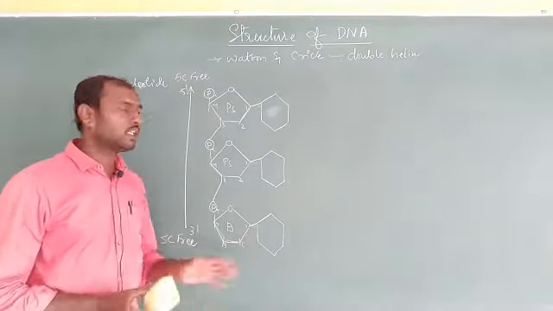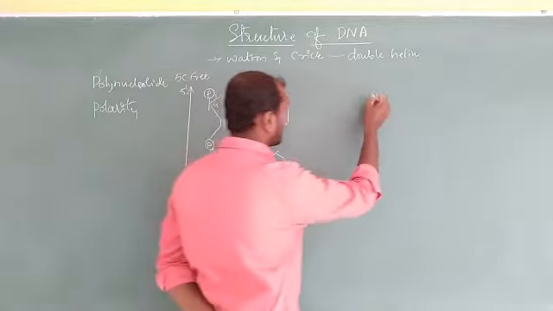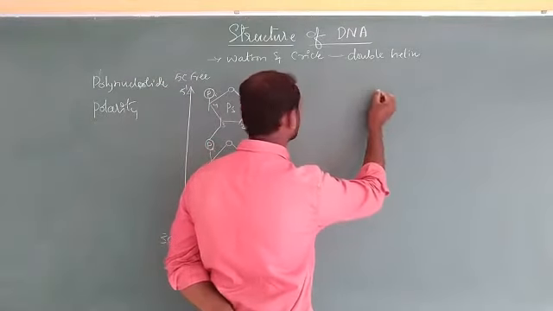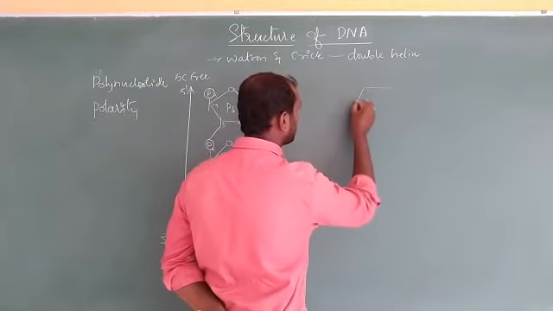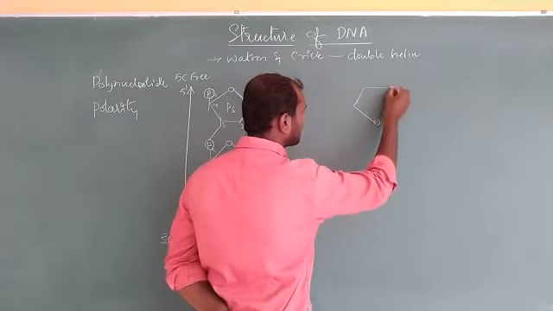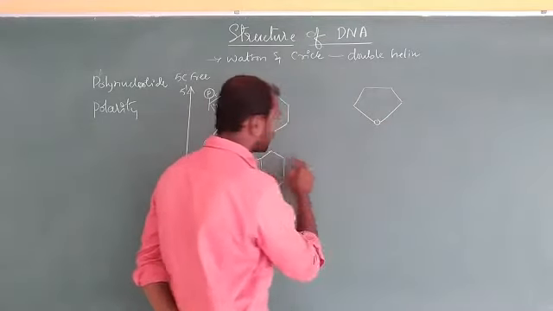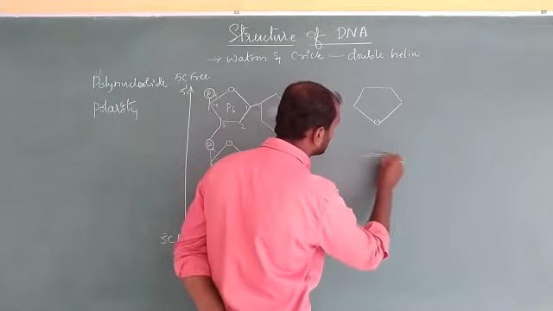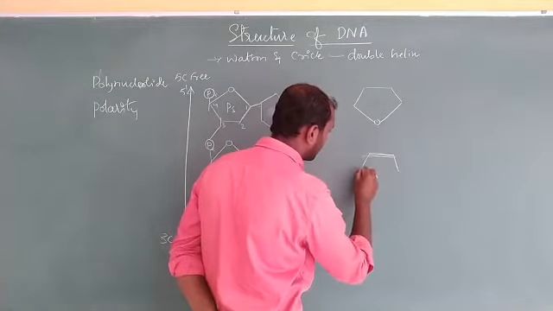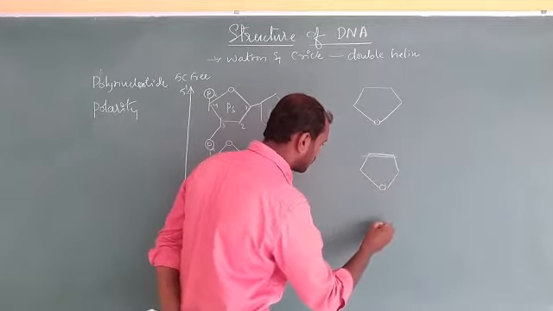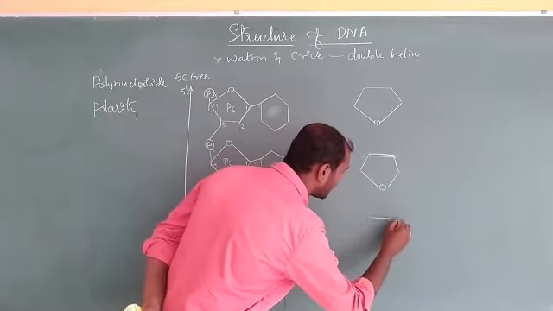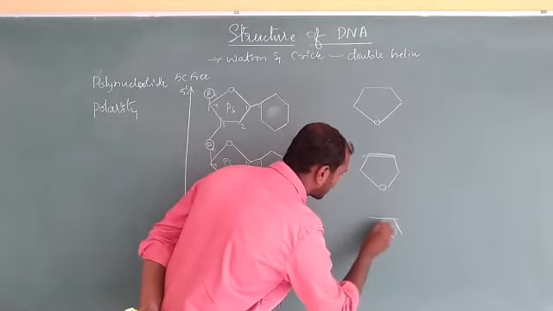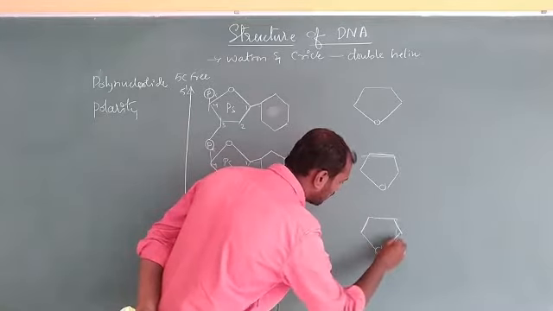Another strand will be somewhat like this, in the opposite direction. I told you they run anti-parallel to each other. Now you are able to understand what anti-parallel actually means: they run opposite to each other.